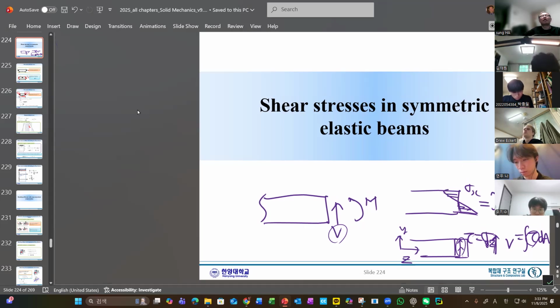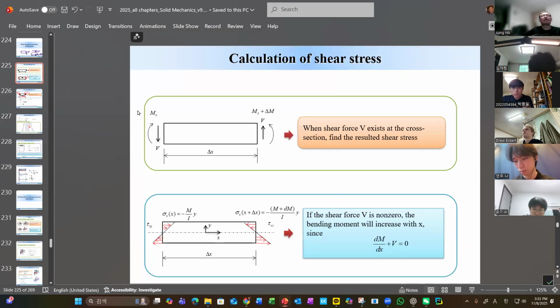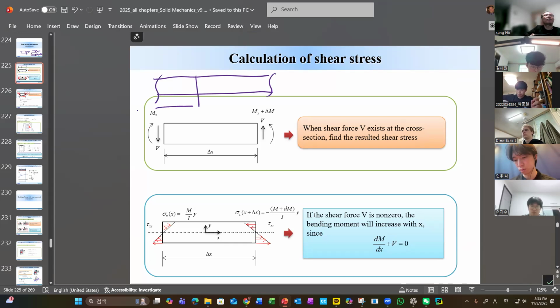To do so, we go back a little to the equilibrium. Say we have a very long beam, arbitrarily, and there will be some x here, and there is some dx here. Say we have a distributed load. This is the generic definition of a beam.